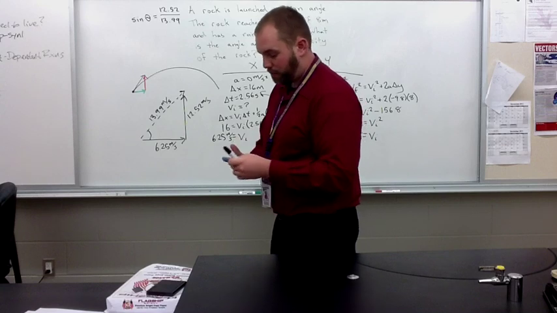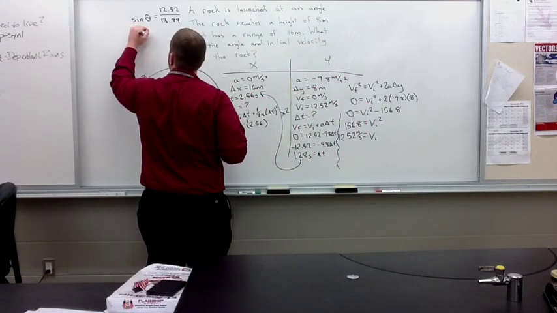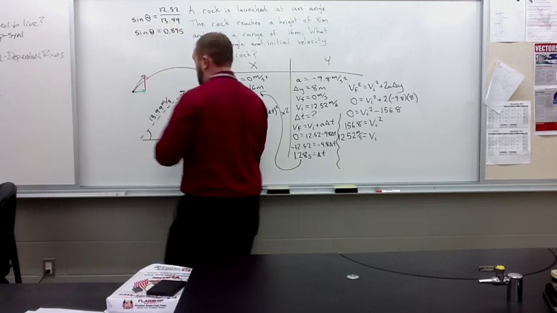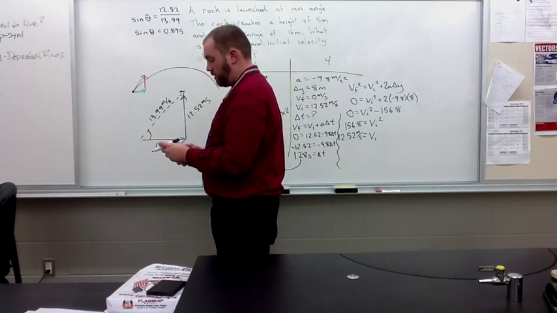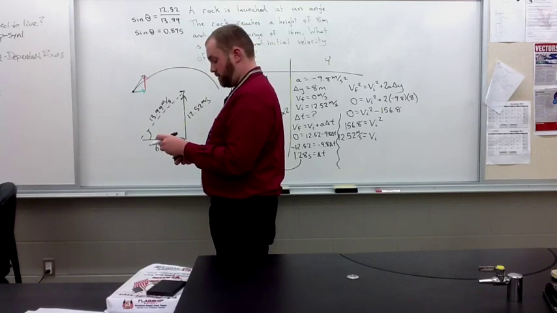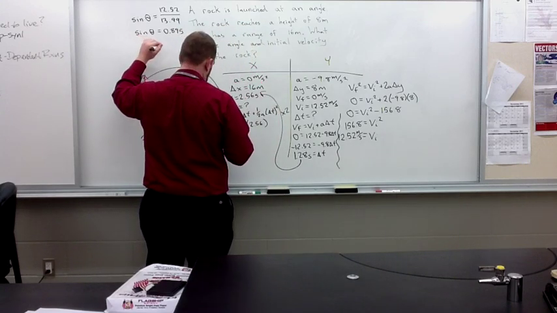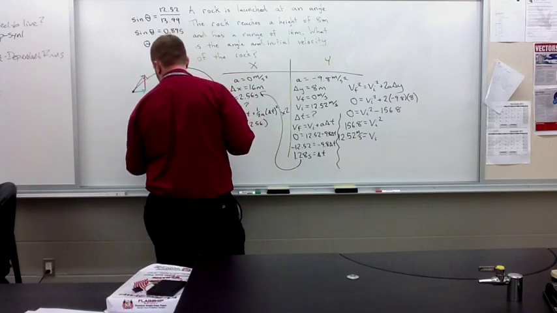I get 0.895. And I do the inverse sine of that. It'll look like sine to the -1 on your calculator, or it could say arc sine, either one. And I get my angle as 63.5 degrees.